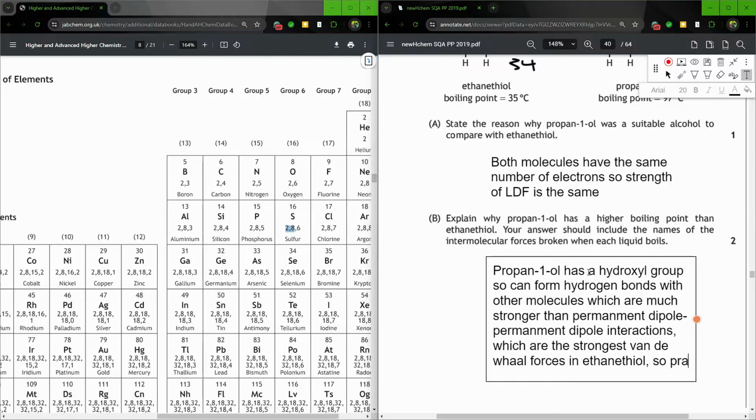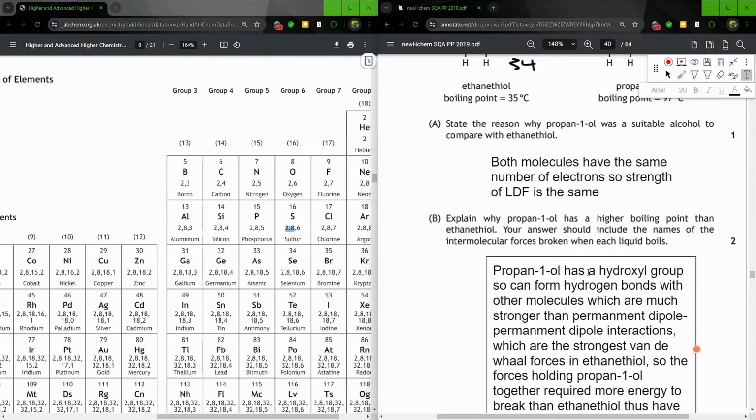So the forces holding propan-1-ol together require more energy to break than ethanethiol, thus it has a higher boiling point.